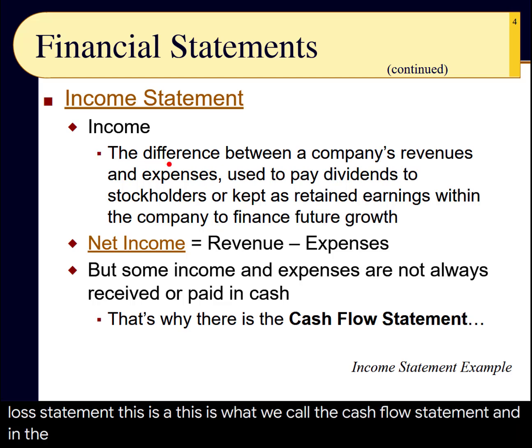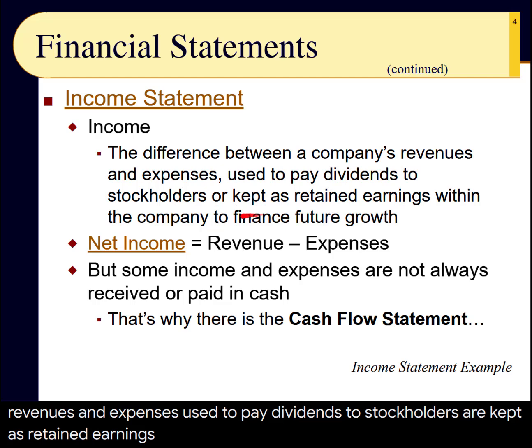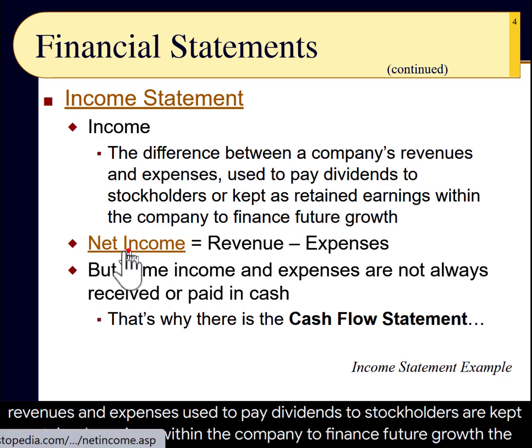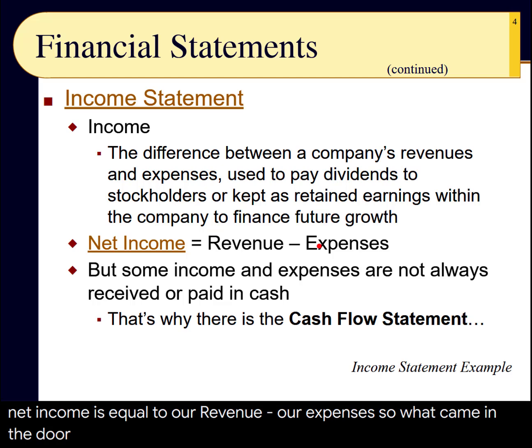You take your income, and that's the difference between the company's revenues and expenses used to pay dividends to stockholders or kept as retained earnings within the company to finance future growth. The net income is equal to our revenue minus our expenses. So what came in the door and what did we have to pay?